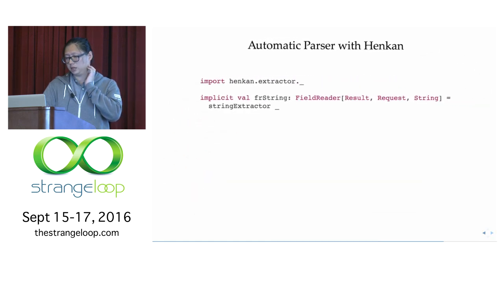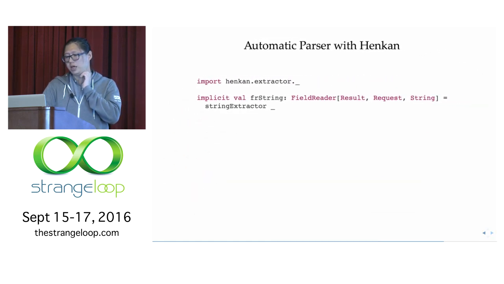But with Hankin.extractor, you can basically provide a function from the map, giving it a field, I want to get a string value out. So the first thing you provide is a way to get a string value out of a map given a key. So that's basically the string extractor.